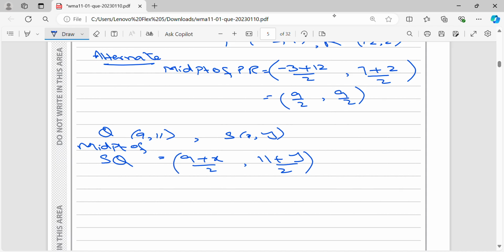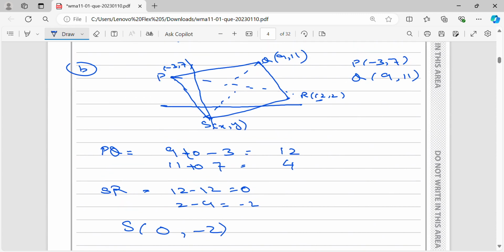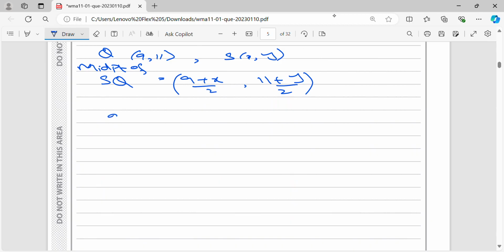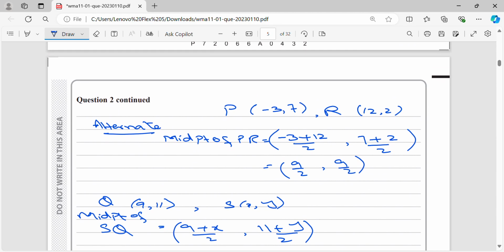So because these are diagonals and they intersect each other at a point, at this point, they intersect each other at this point. So I can equate both: 9 plus x over 2 equals 9 over 2. Similarly, I can equate 11 plus y over 2 equals 9 over 2, which was the midpoint of PR.